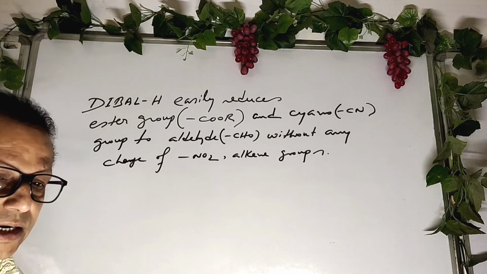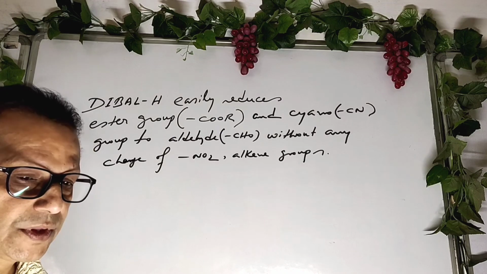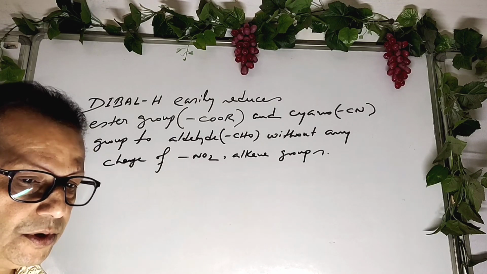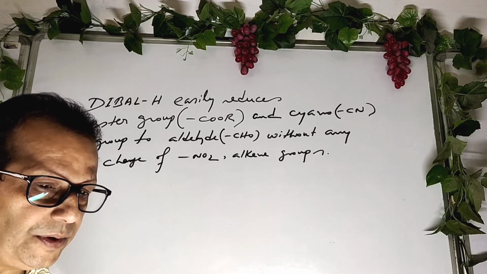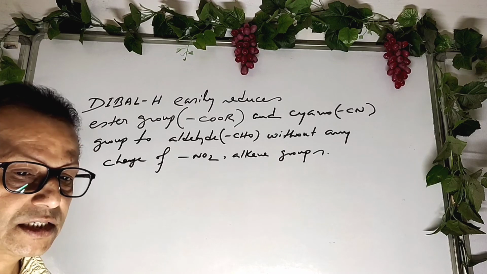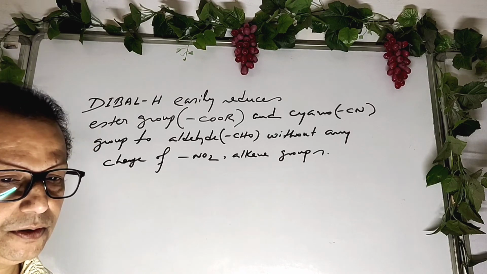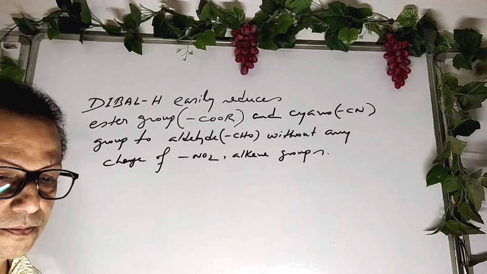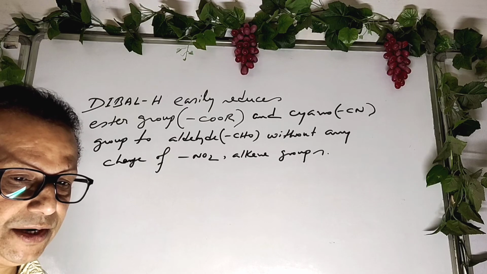But you know that lithium aluminium hydride can also reduce ester and cyano group to aldehyde, but the problem of using lithium aluminium hydride is that it also reduces the side chain if it contains nitro, alkenes or any reducible functional group. This type of reduction is called selective reduction.